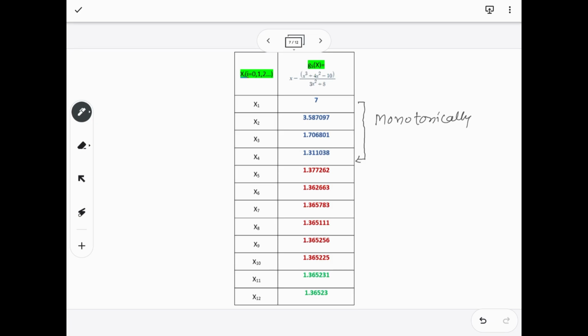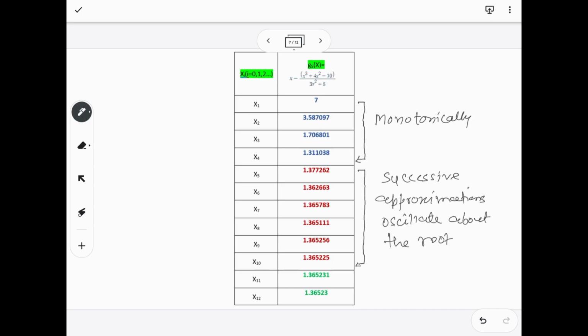On the other hand, for these values, I see that the successive approximations oscillate about the root, and as we can see that these two values are the same up to the third decimal place, so the root correct to 3 decimal places is 1.365.